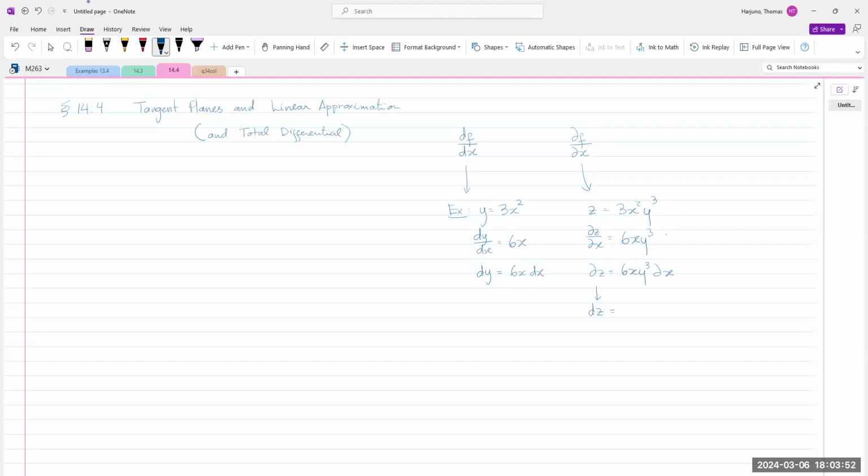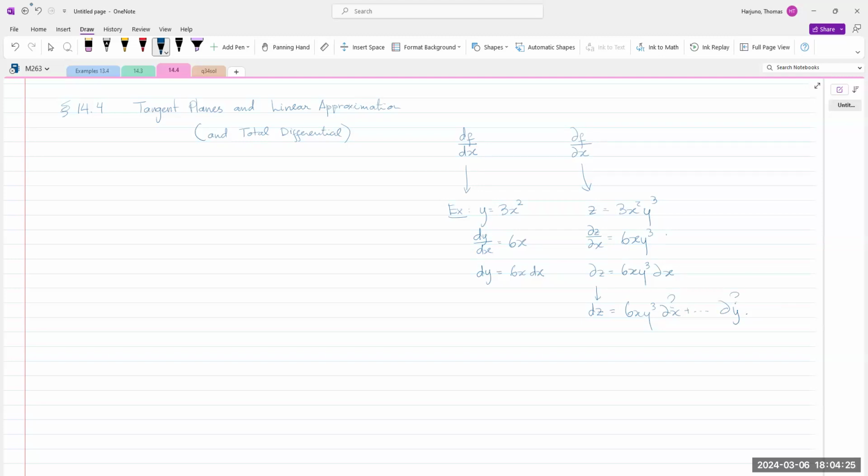But because z is a function of x and y, the total differential of z will be affected by ∂x and also ∂y. So it has something to do with those.